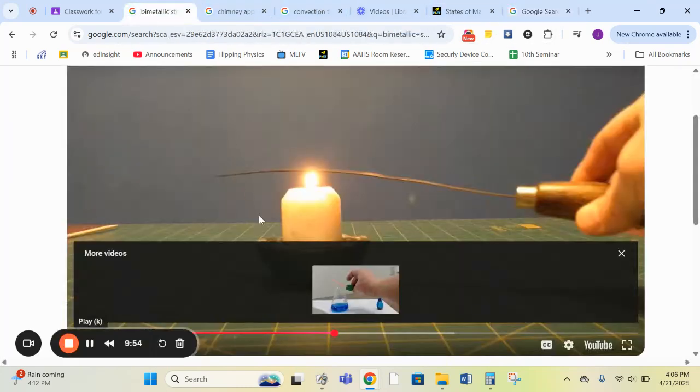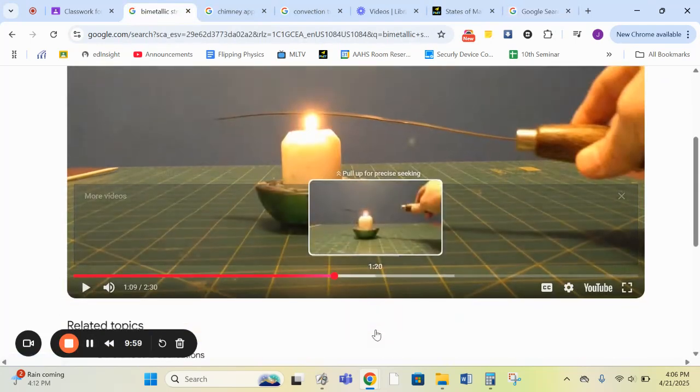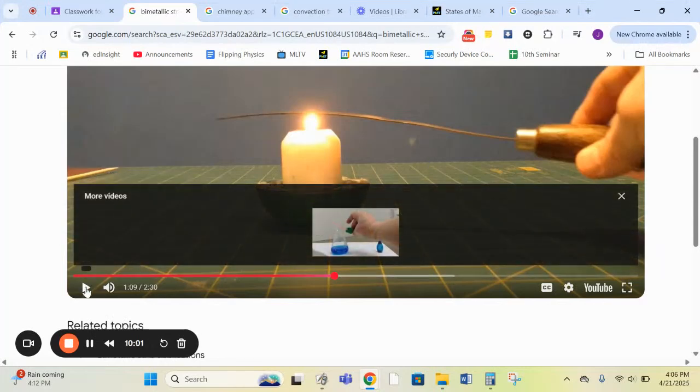And I actually have a little demonstrator here. So this I typically show in class.